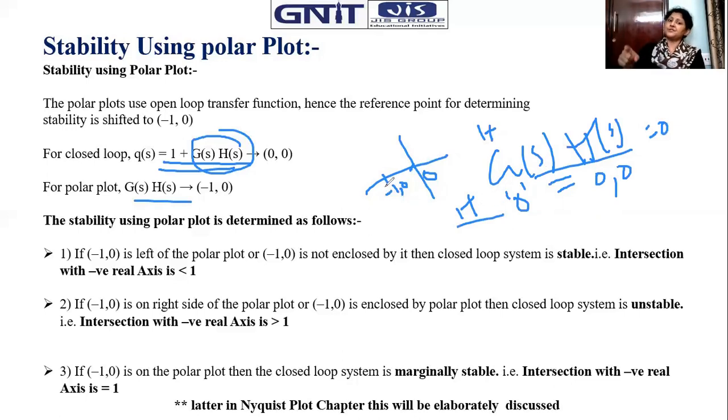So our approach is, we handle the open loop transfer function G(s)H(s), but we analyze 1 plus G(s)H(s), the characteristic equation of the system. Very important. Then we can analyze the system as a whole. If it is including minus 1, it will be unstable. If it is excluding minus 1, it will be stable, like this.